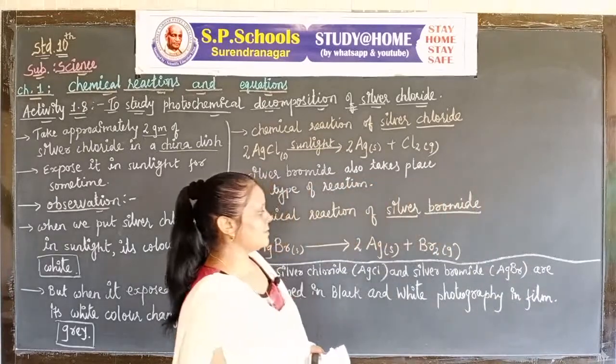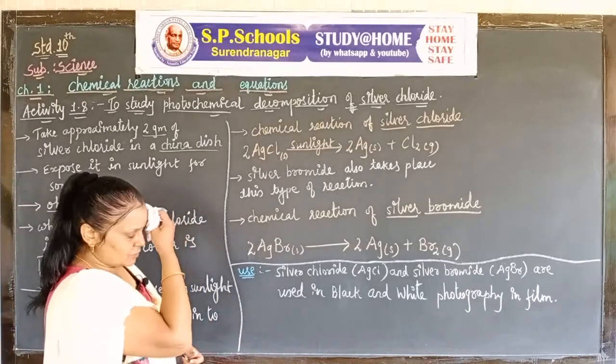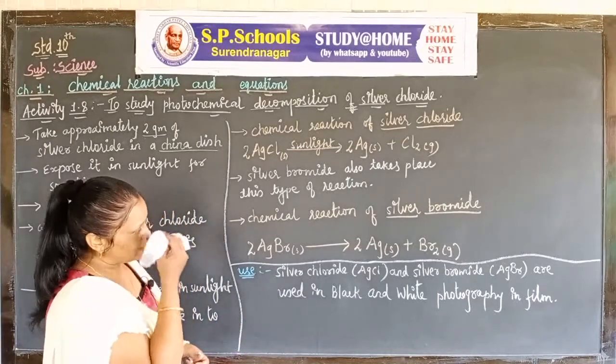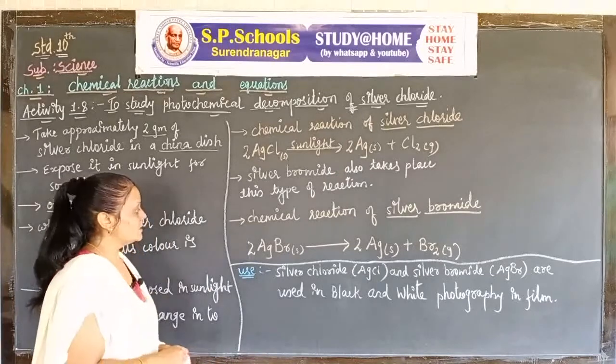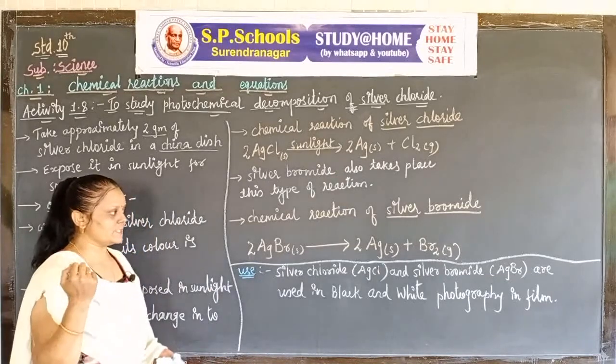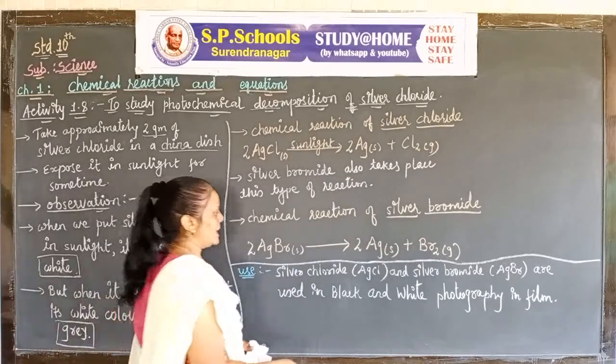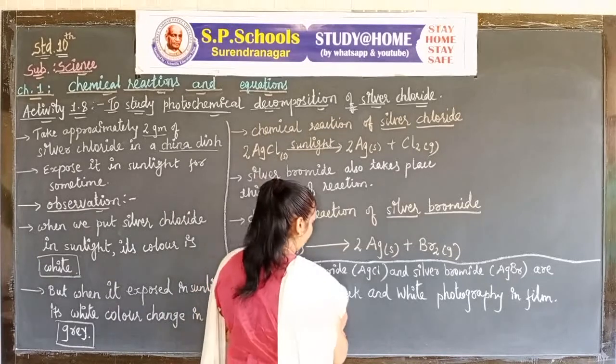Here one mark important question can arise: what is the use of AgCl and AgBr? Silver chloride AgCl and silver bromide AgBr are used in black and white photography in film.